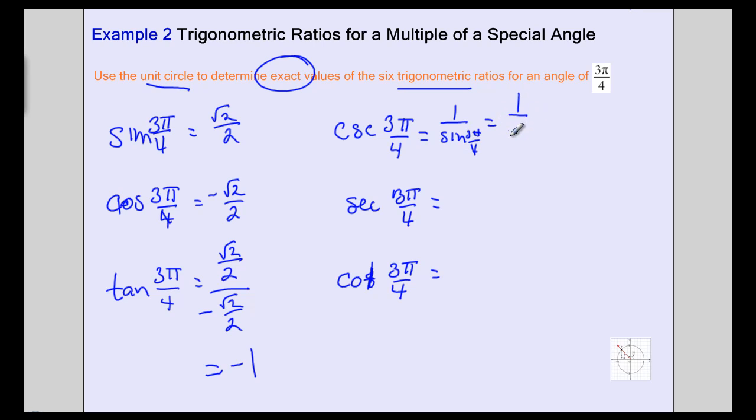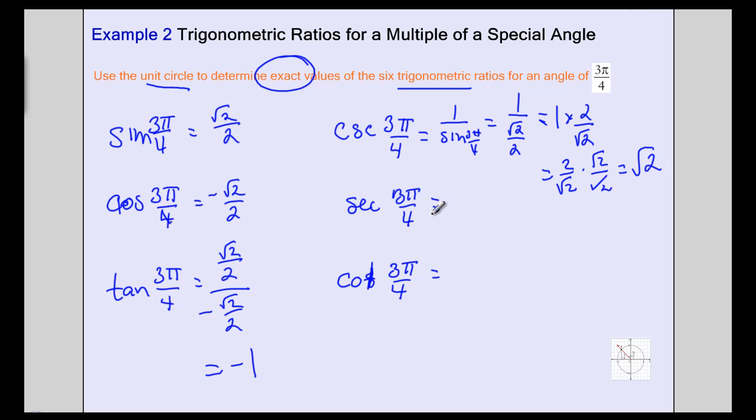It's root 2 over 2. When I invert and multiply, I have 1 times 2 over root 2, which is just simply 2 over root 2, but once again, we always want to rationalize. And root 2 times 2 is 2. That's going to cancel out with the 2 on top, so we are just left with root 2.